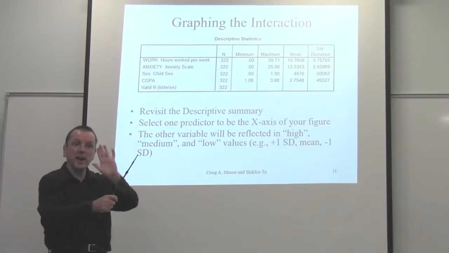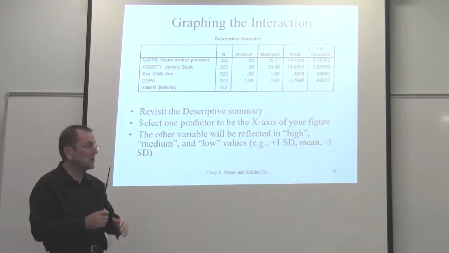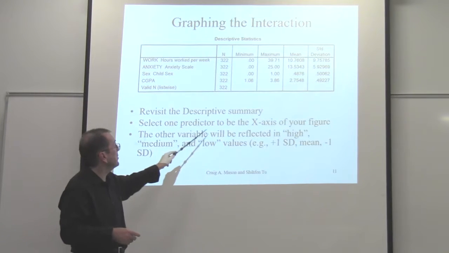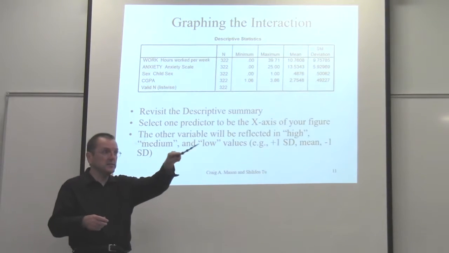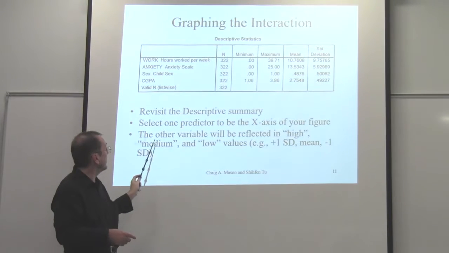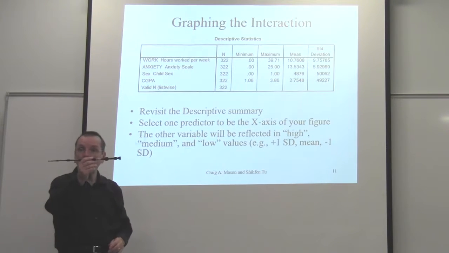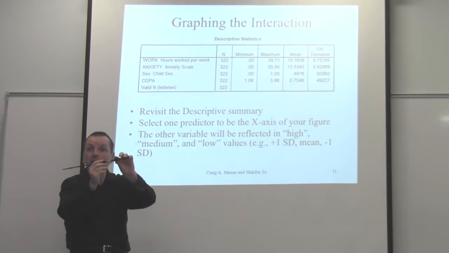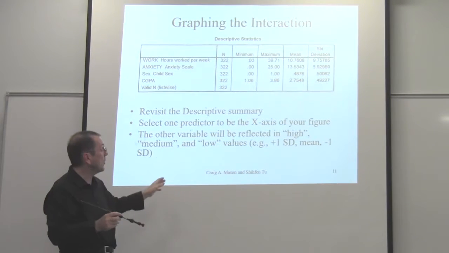But if you're just making a simple two-dimensional graph, this is typically how people will approach it. So select one predictor that's going to be the x-axis, and then the other variable is going to be drawn as a line of high, medium, or low.